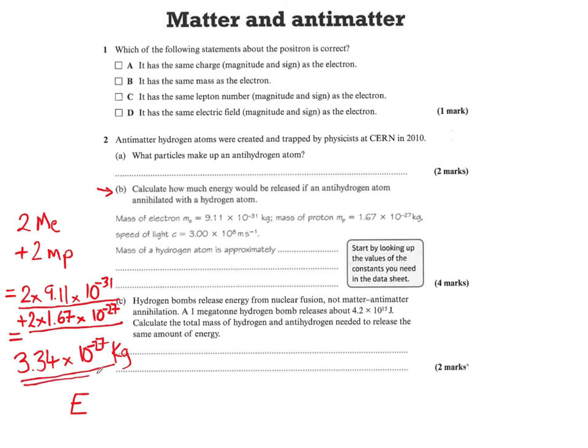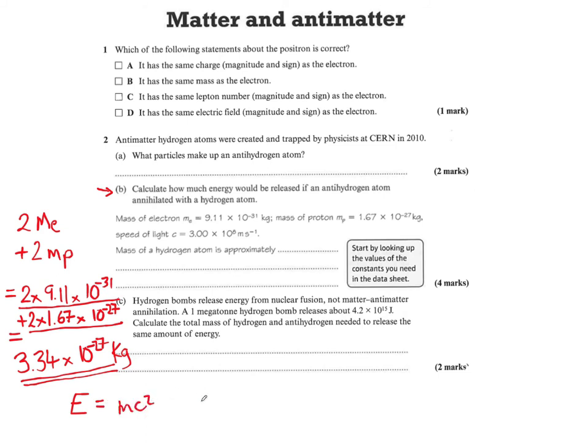You will quickly realize that the electrons are so light in comparison with the mass of the protons that they haven't really registered at all. This 3.34 is essentially the mass of the 2 protons. Now we need to convert that mass into energy, and to do that we use Einstein's famous equation, E equals mc squared.